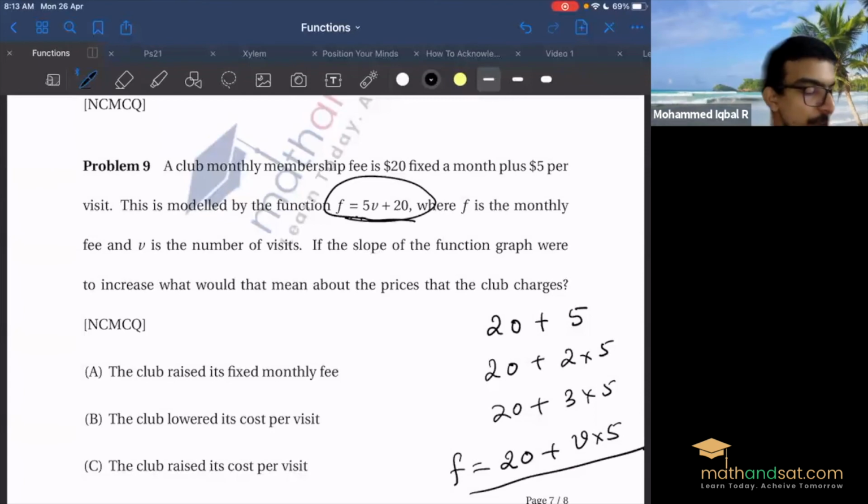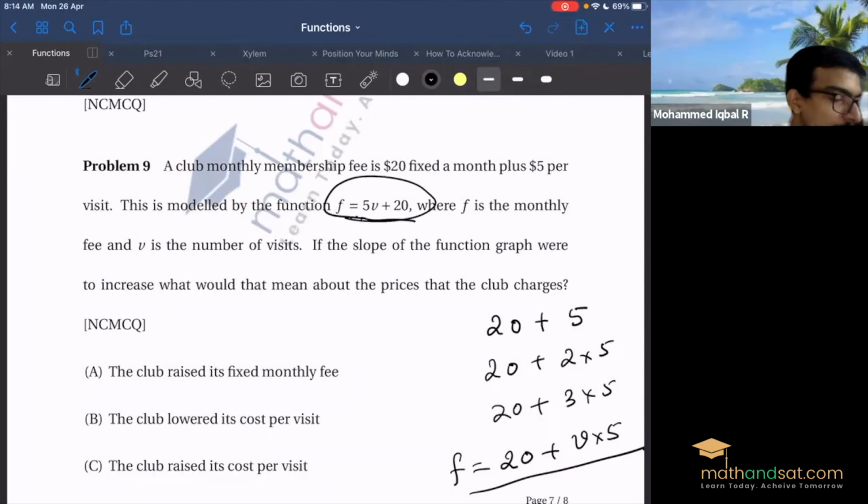If the slope of the function graph were to increase, what would that mean about the price that the club charges? What is the slope of the graph in this case? 5. 5 will be the slope.